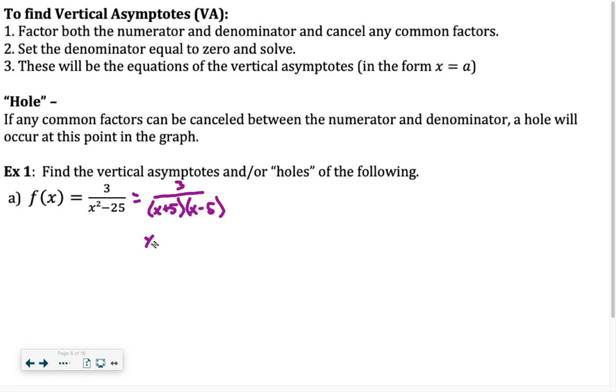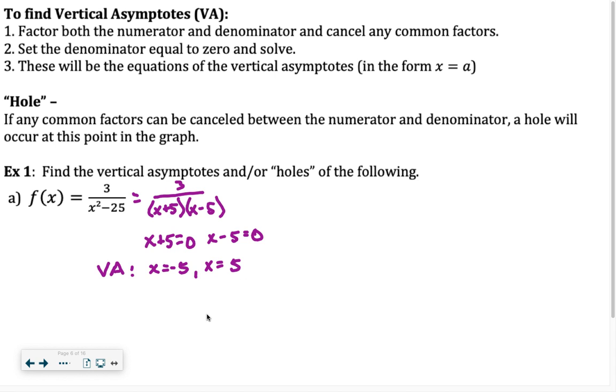So x plus 5 equals 0, and x minus 5 equals 0. Whatever factors we have, we'll set those both equal to 0, and subtract the 5 over, we'll get x equals -5, add 5 over, and we'll get x equals 5. So this graph would end up having 2 vertical asymptotes and no holes. Now, usually we abbreviate vertical asymptotes just VA. So we can say VA are x equals -5 and x equals +5.